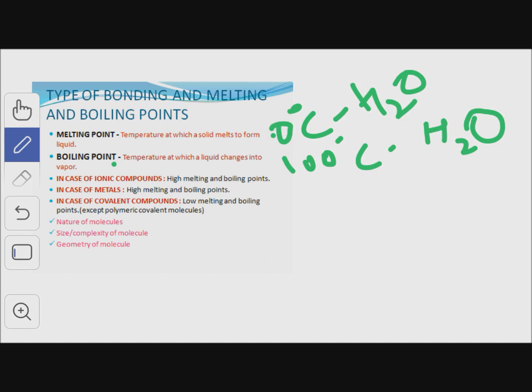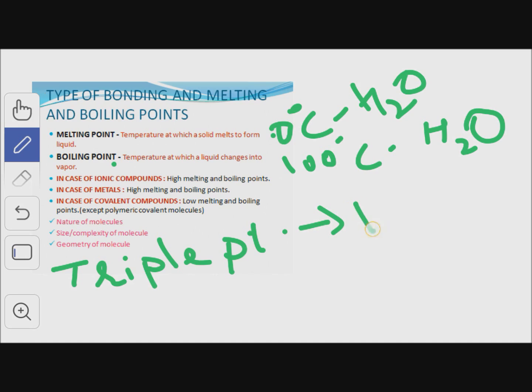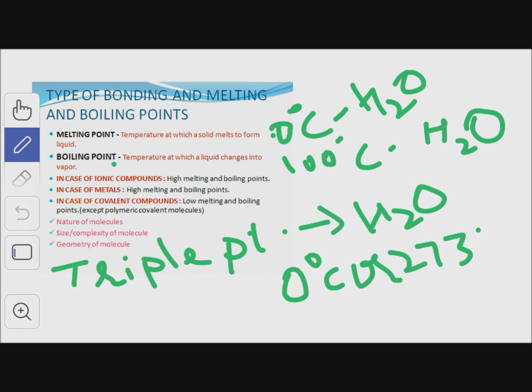And one more point, that is triple point. Triple point is the point at which the substance exists in all three states of matter, that is solid, liquid and gas. For example, water. Water exists in all three states at 0 degrees Celsius or 273 Kelvin.